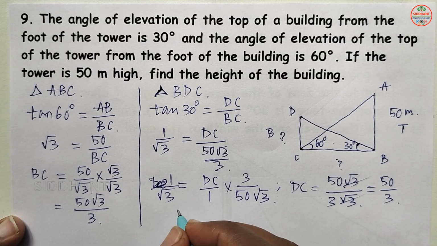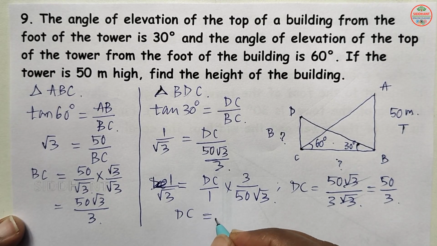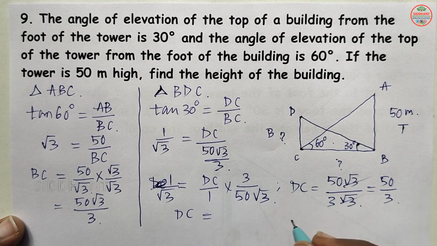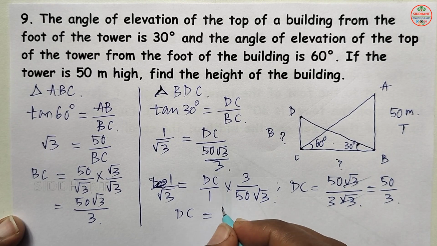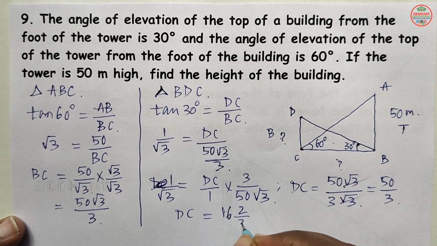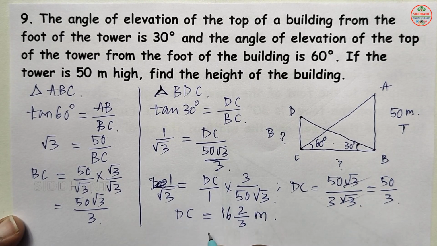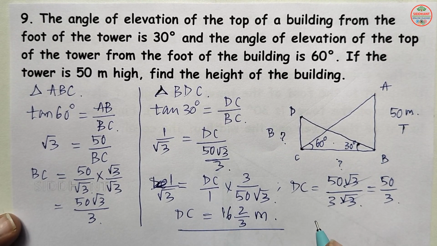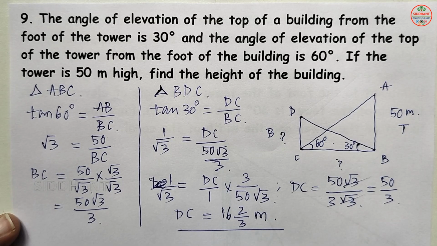So 50 by 3, DC, is the height of the building. 50 by 3 can also be written as 16 2 by 3 meters. So the height of the building is 16 2 by 3 meters.